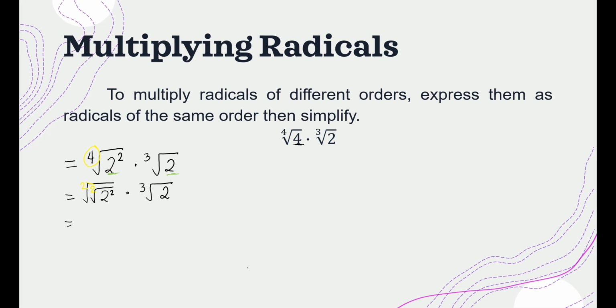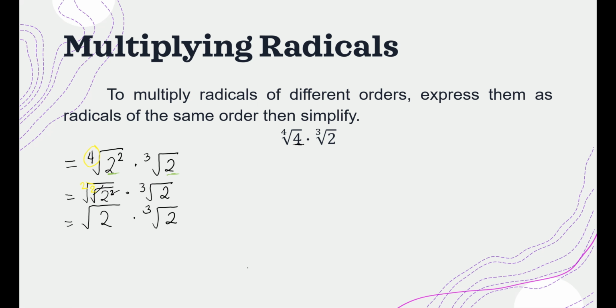Simplifying further, we already know that the square root of 2 squared is equal to 2, so only one square root would remain in this term. Square root of 2 times the cube root of 2.